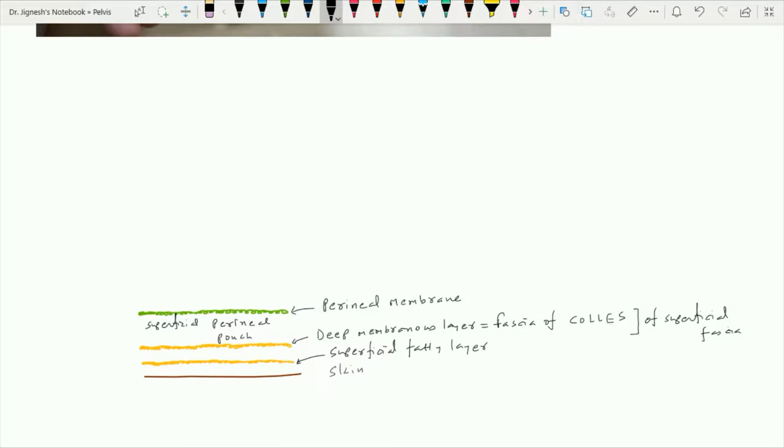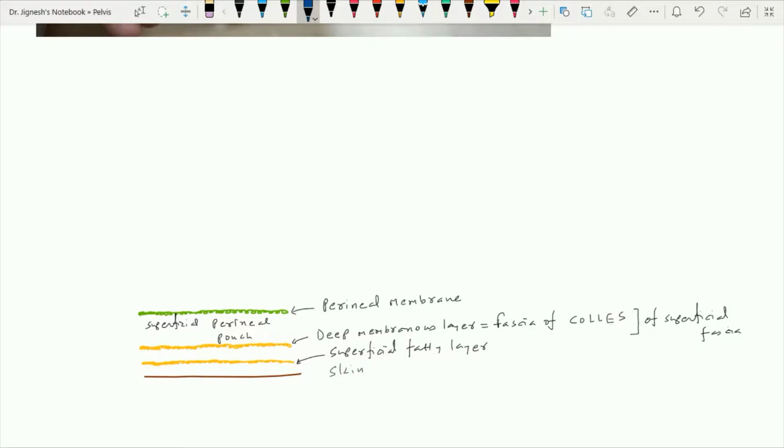And within this superficial perineal pouch, few muscles are present which are responsible for holding the external genital organs in case of male as well as the female, and few other nerves as well as the vessels are present. We are going to see them later on in detail. Just above the perineal membrane, we find one more space, and that space is the deep perineal pouch.